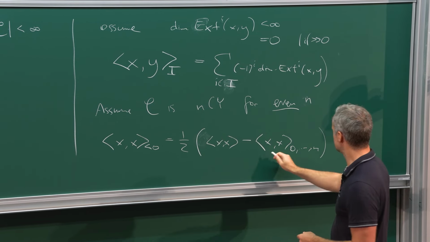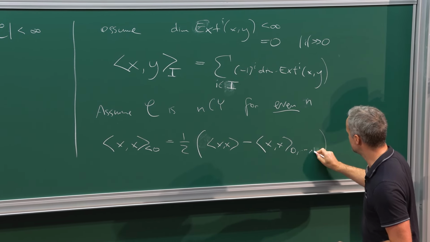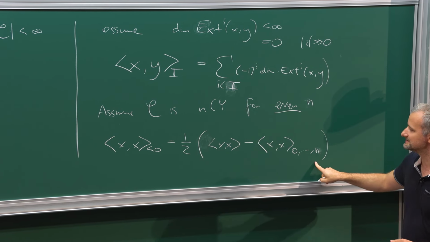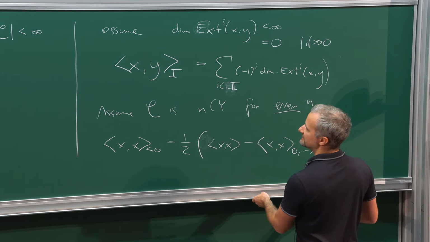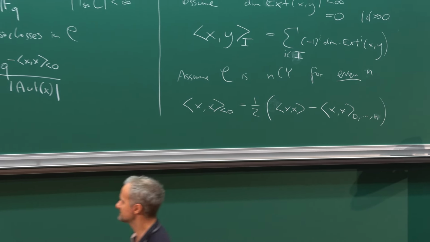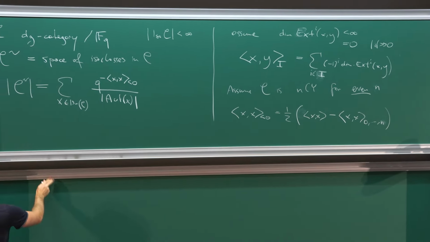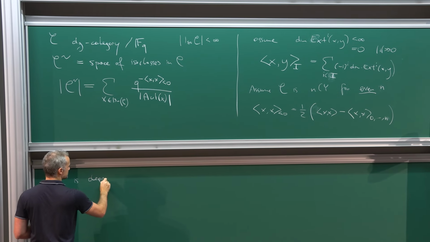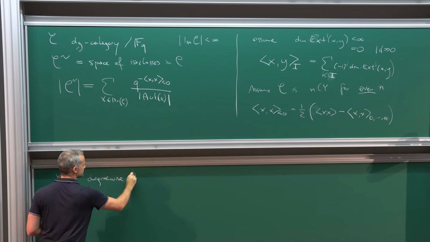This term here definitely makes sense even if the category satisfies less finiteness. So I'm going to say that C is degree-wise finite.